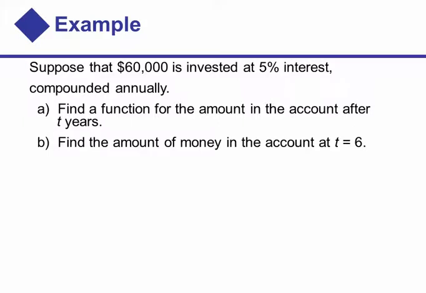So let's just apply that. We have $60,000 invested at 5% interest and it's compounded annually. So let's find the function where it's t years, and then we'll plug in for t and see how much money there is after 6 years.